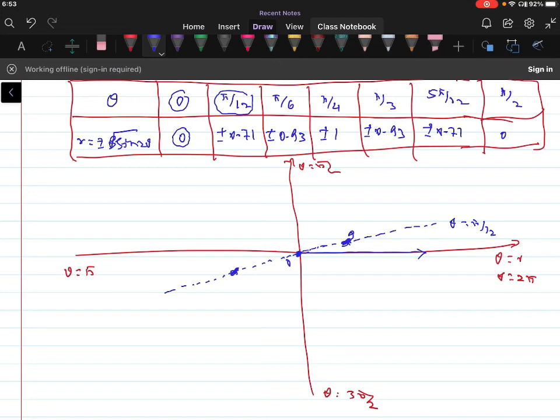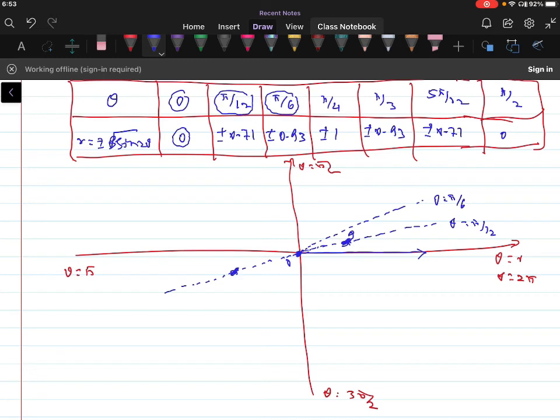So now let us plot the point pi by 6. Theta is pi by 6 and r is plus 0.93 and minus 0.93. So that is 30 degrees. It is a line that makes an angle theta is equal to pi by 6 with the initial line, and r is 0.93 and minus 0.93.